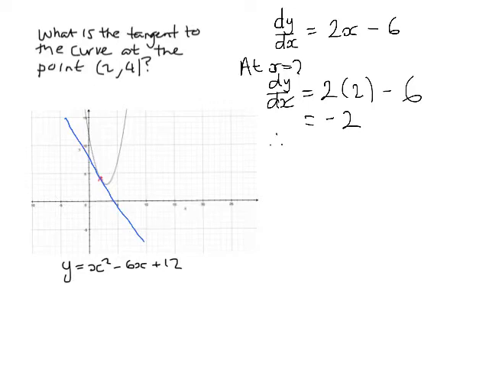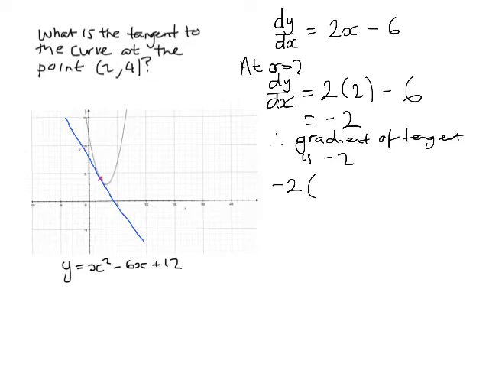So therefore, the gradient of the tangent is equal to negative 2. So we know the gradient of the tangent, and we know a point that it passes through, this point 2, 4. So we can use our construction formula for the equation of a straight line.